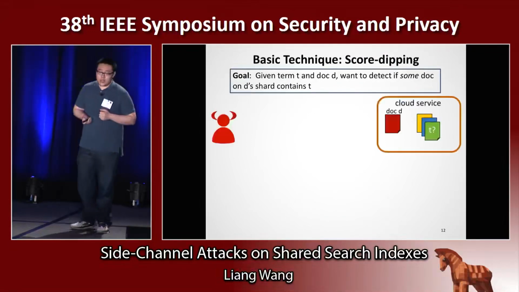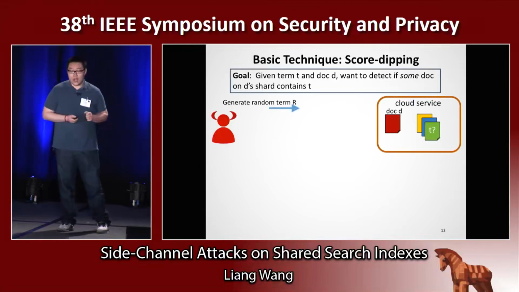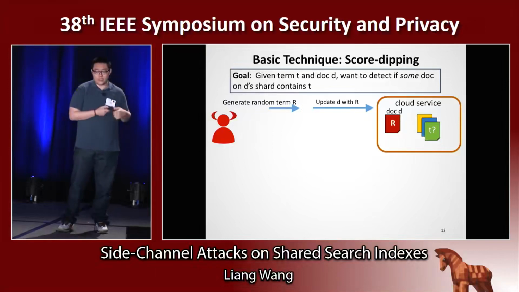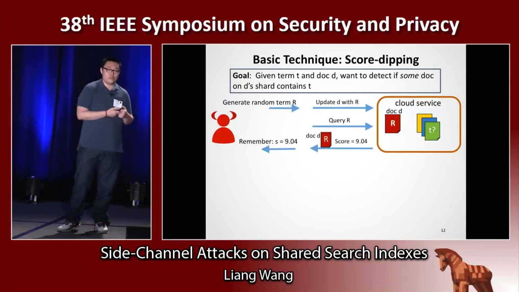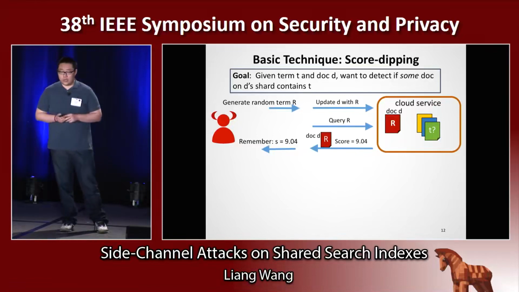So how to do that? First, the attacker generates a long random term R and updates his document D with this term. And then the attacker searches for this term and gets the resulting relevance score as S. S is also called the baseline score.